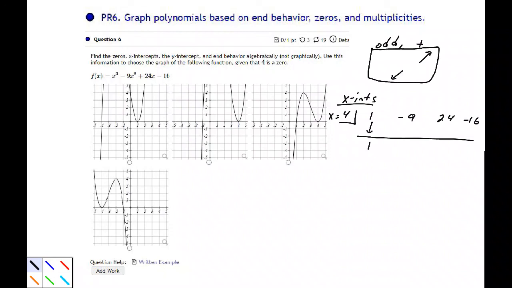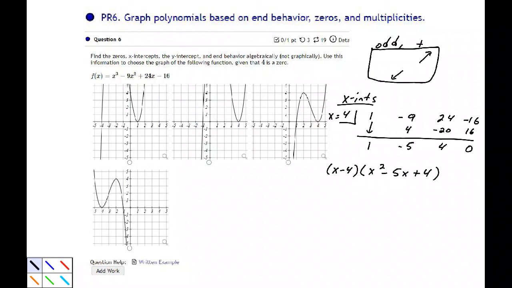So bring down my 1. 4 times 1 is 4, negative 9 plus 4 is negative 5, 4 times negative 5 is negative 20, 24 plus negative 20 is 4, 4 times 4 is 16, negative 16 plus 16 is 0. So I have x minus 4 as a factor, and then I have x squared minus 5x plus 4 from the values on the bottom row.